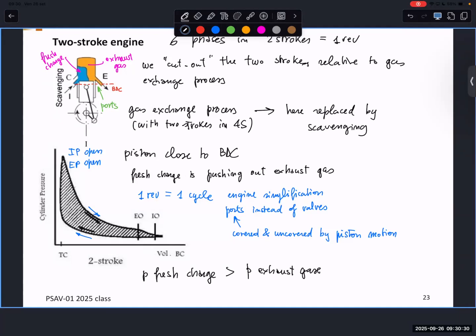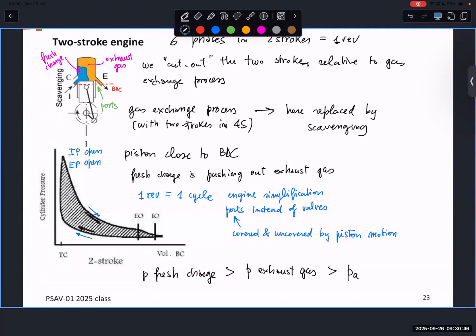So they are both higher than the ambient pressure, because the exhaust gas is higher than the ambient pressure since combustion is occurring and so the pressure is still high.